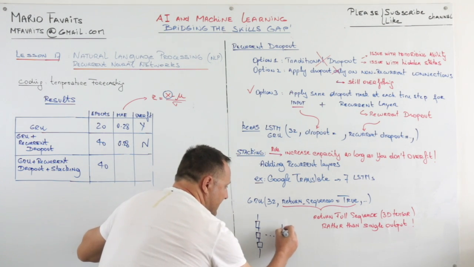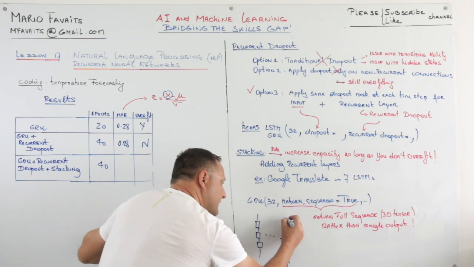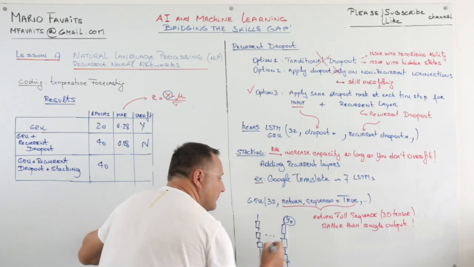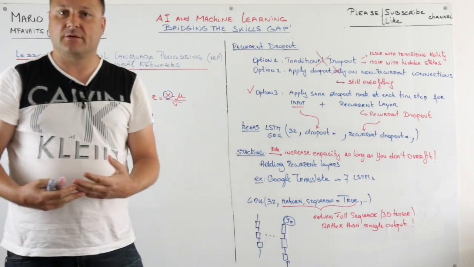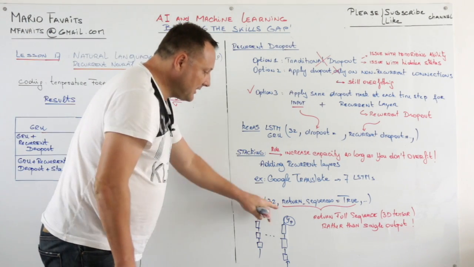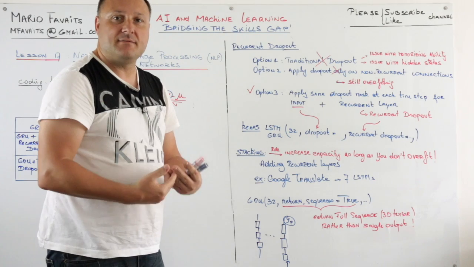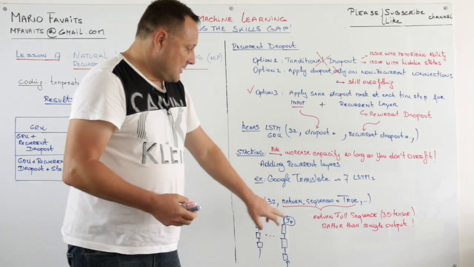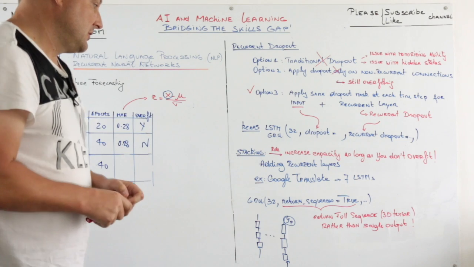We had a few of them, and then at the end you have here your y predict, your outcome. Well, in this case we don't want this y predict outcome. Basically the return here needs to be the full sequence, because we're gonna use that as the input to the next layer. So that's why you need to set return sequences to true.